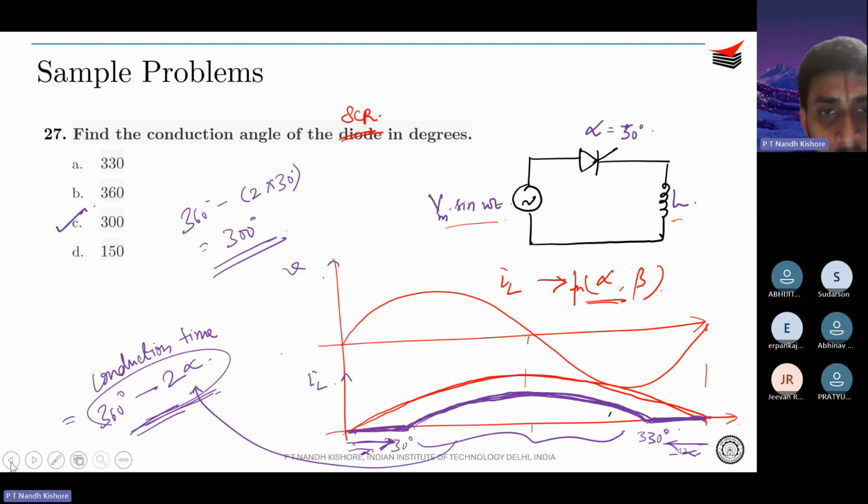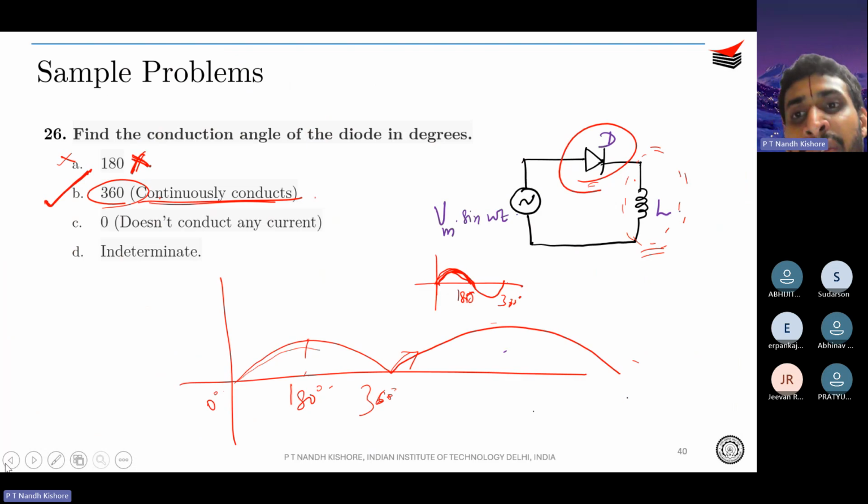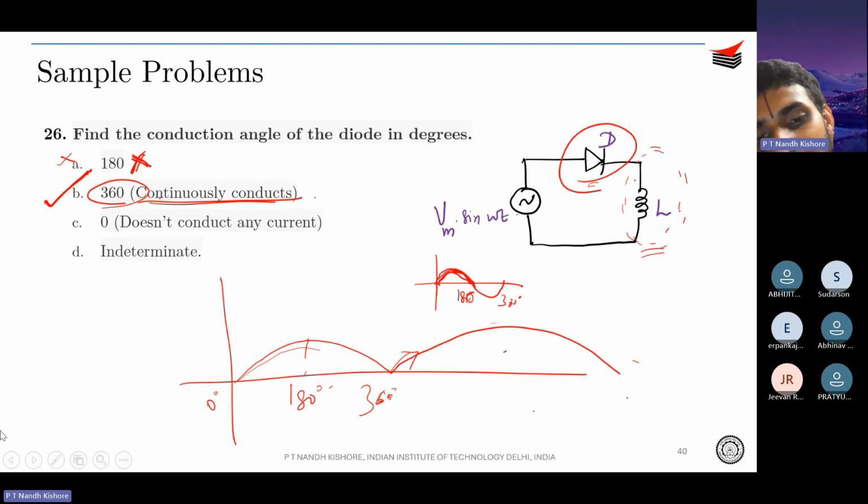Because for a diode, you are seeing that it conducts for the entire 360 degrees, right? So if you use an SCR, what might happen? For an SCR, you know that the firing angle is 30 degrees. So for the first 30 degrees, it's not going to conduct. And for a diode, you saw that it's conducting till 360 degrees, correct?